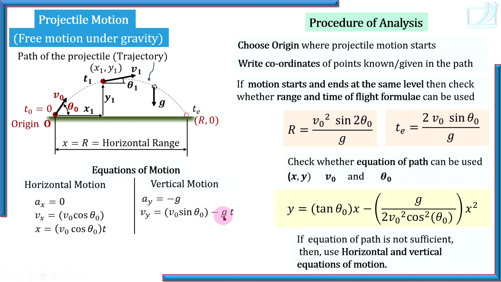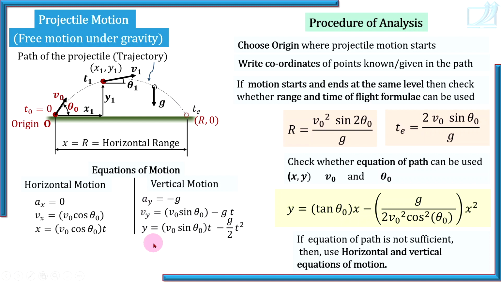So we have simply replaced a by minus g and u by v0 sin theta 0, that is initial vertical velocity. Similarly, y is equal to v0 sin theta 0 t minus g by 2 t squared plus initial y coordinate, which is 0 in this case. So, acceleration constant, v is equal to u plus at, x is equal to ut plus half at squared. Very standard equations of motion.